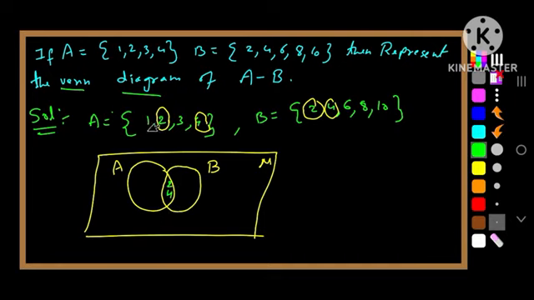So next in set A, what are the elements? 1, 3. Next B, 2, 4 is already in the intersection part. So we'll write 6, 8, 10. If you want to show A minus B, so this part will be showing.